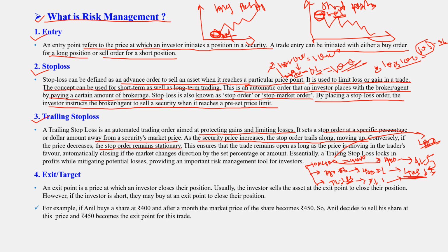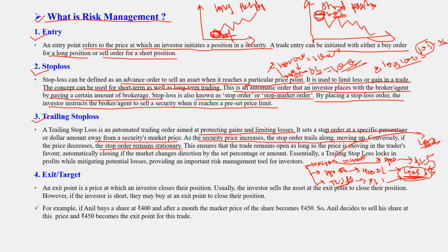The market goes up to 420, but after some time the market goes down, down, down, right? So from 415, the market goes down to 405, and our new stop loss order is 405 because we maintain the trailing stop loss gap, right?